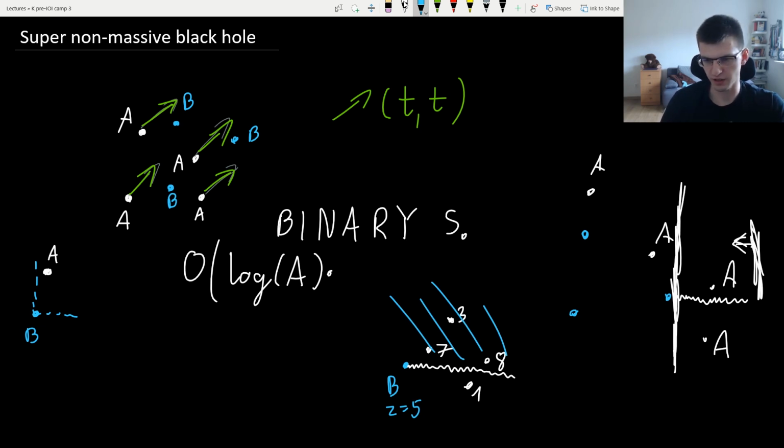For that, you can use segment tree. Segment tree is built over this y values, so something like that.